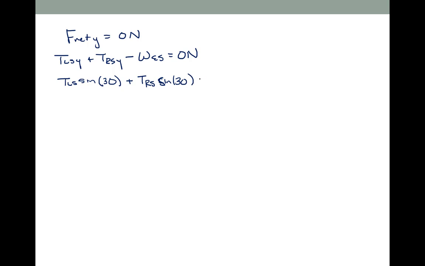And I set that equal to the spider's weight, which is mass times the acceleration due to gravity. I had a 30 there where I should have a 45. Again, I can't proceed forward with this because I have two unknowns in my equation. So I'm going to go look at the horizontal direction.